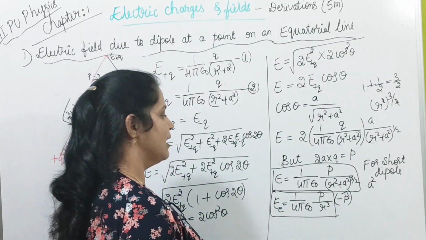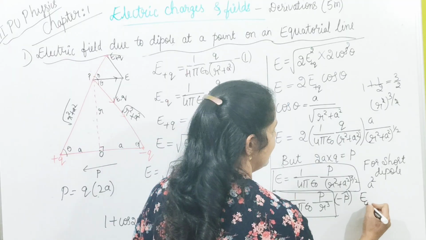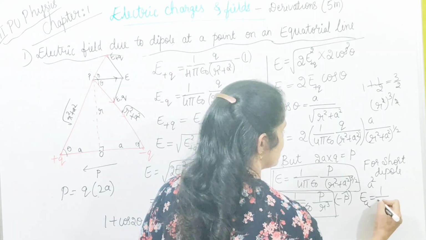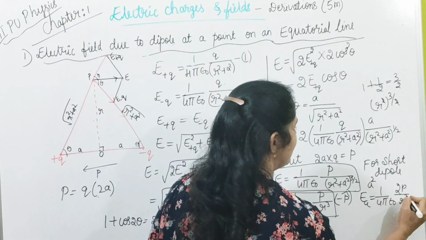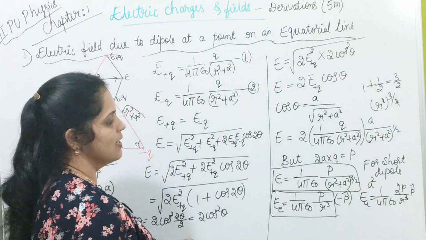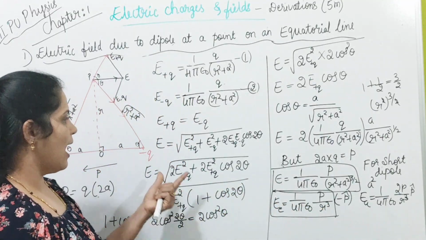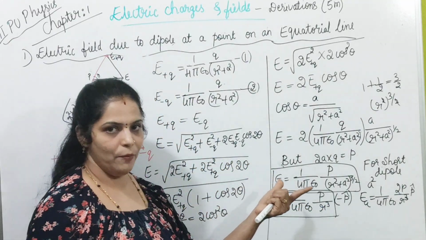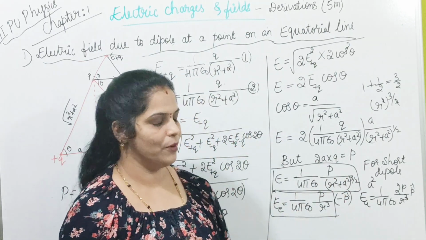Now let us compare it with the axial line. Already we got the expression for the axial line. It is 1 by 4 pi epsilon naught 2P by R cube into P cap. Right? So what is the difference here? Electric field due to the axial line acts along the direction of dipole moment, whereas on the equatorial line it acts opposite to the direction of dipole moment.